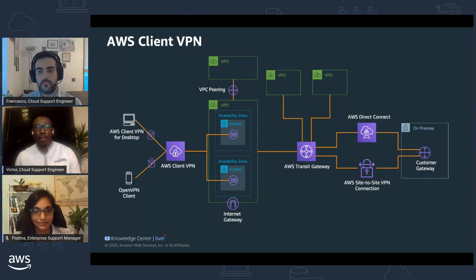With client VPN, we have our own software application that you can install on your desktop, like your Windows or macOS devices, and you can connect to the client VPN service. So the client VPN is a service that you can use with a client VPN desktop client on your PC, your Mac, or an OpenVPN compatible client on any of the different devices. While AnyConnect is not a service, it's a client that you can use to connect to your remote hardware. I hope that clarifies things.